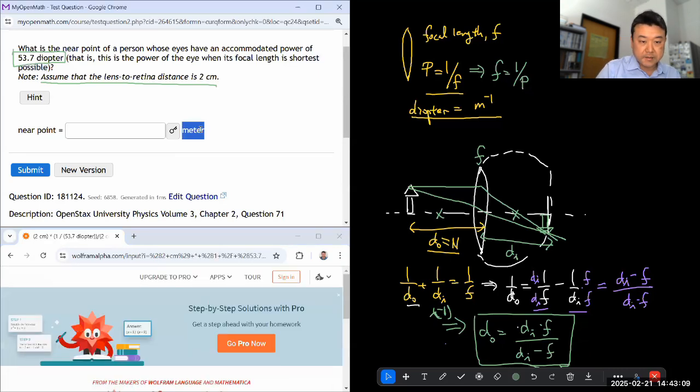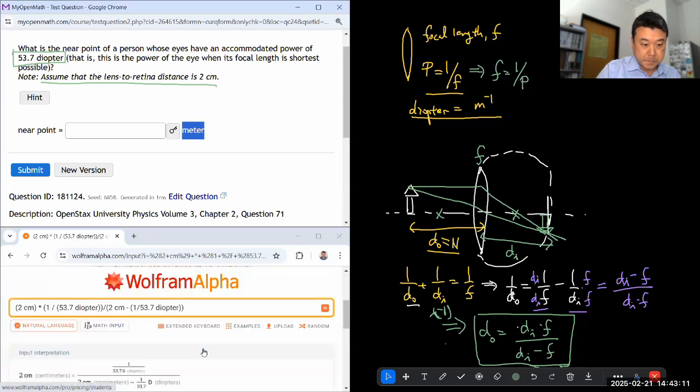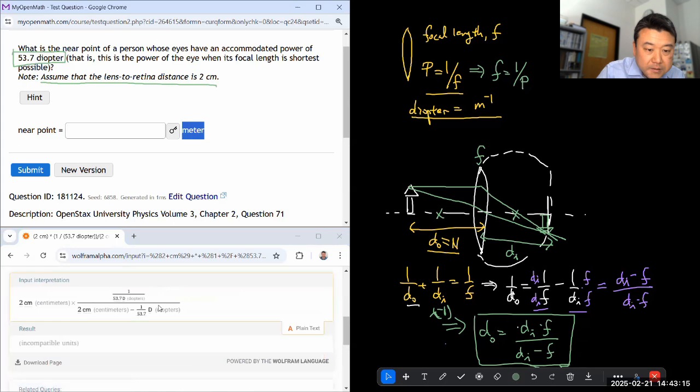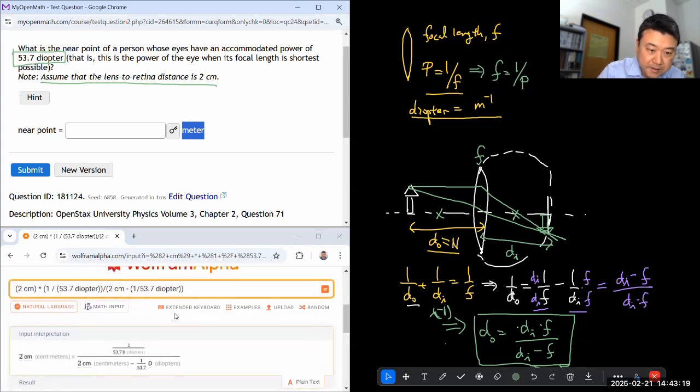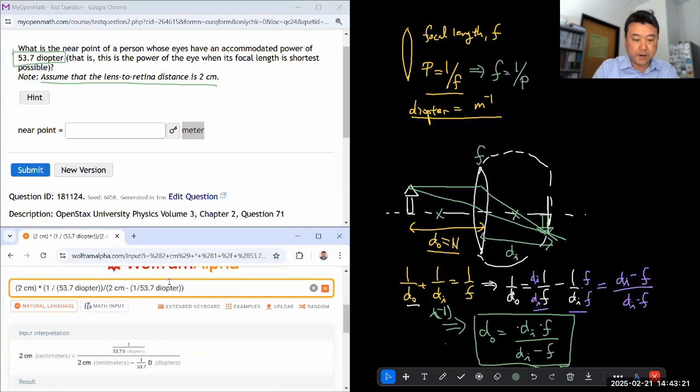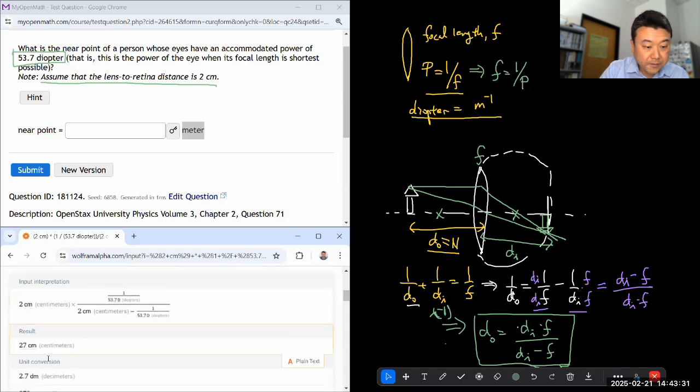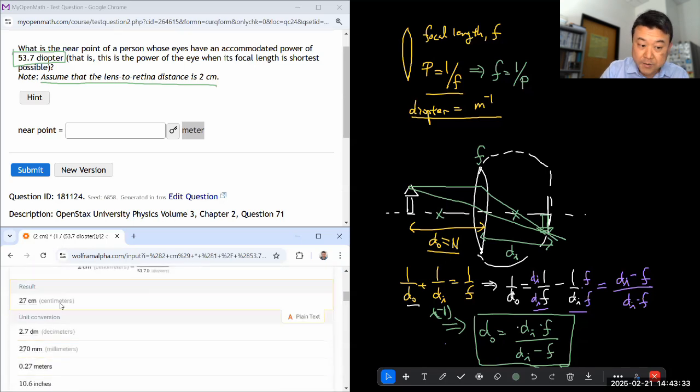I guess they're asking for meters. So you get incompatible units. Sometimes it's helpful to check the unit interpretation. Because of the lack of parentheses, Wolfram Alpha misunderstood whether diopter is in the denominator or numerator. So I fixed that, and okay, 27 centimeters or 0.27 meters.